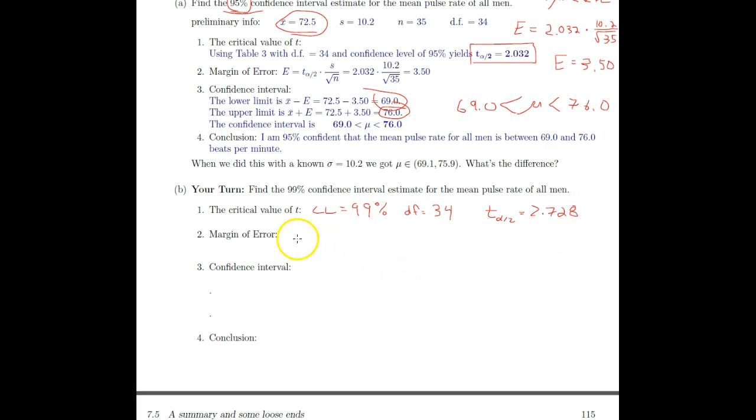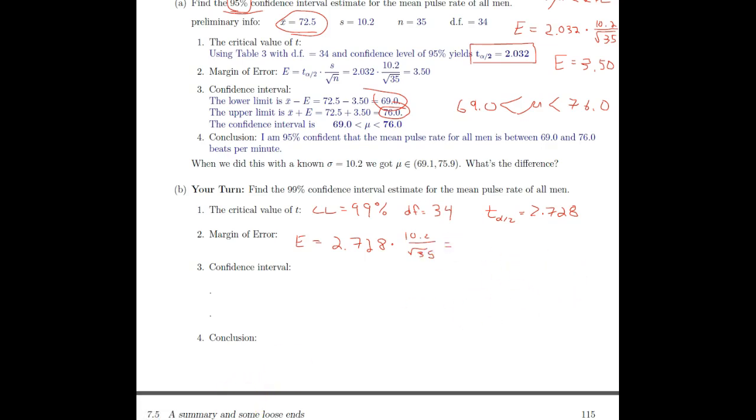Okay, so that means our margin of error is going to be that 2.728 times s over root n, so 10.2 divided by square root of 35.